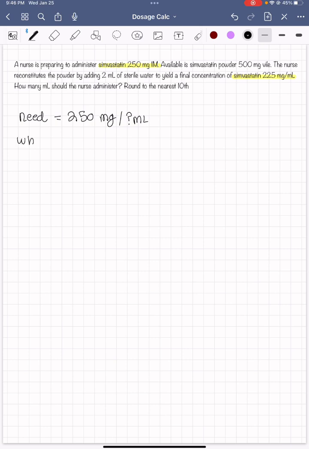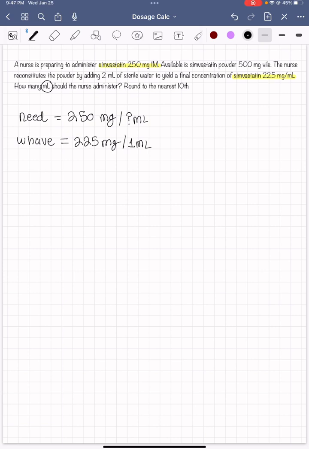Now what do we have? What we have is 225 milligrams in 1 milliliter. So how many milliliters do we need to administer? So, what can we do? We have need versus have. Well, what we can do is let's put them side by side and let's cross multiply.